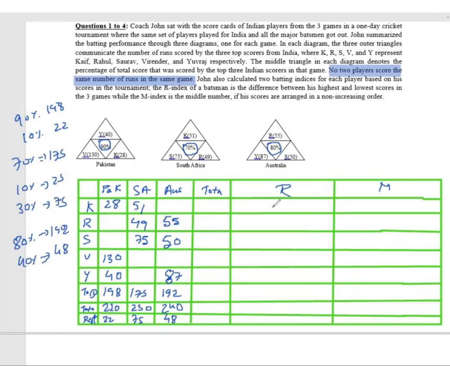Okay. Now some further analysis. Like this score or this one, both are 48 below. These 2 scores are both 22 below.